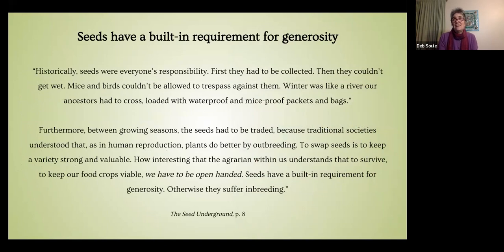As Karis had mentioned, I have been really paying attention to the ruby-throated hummingbirds for about 30 years in my own garden. I actually became really inspired to start understanding more about seeds because I've been saving seeds for many, many years.